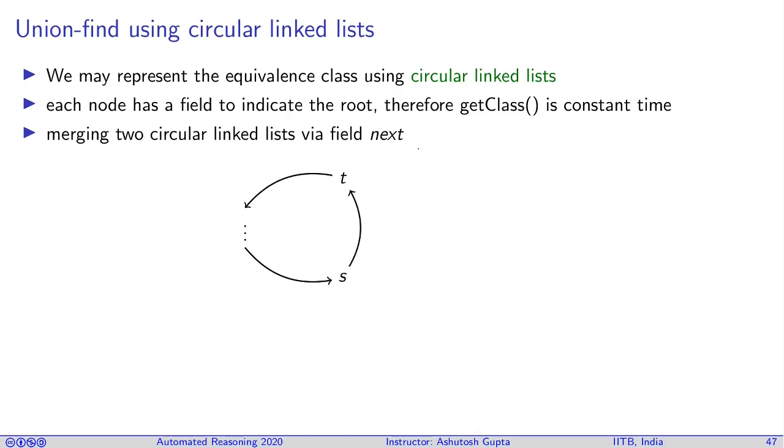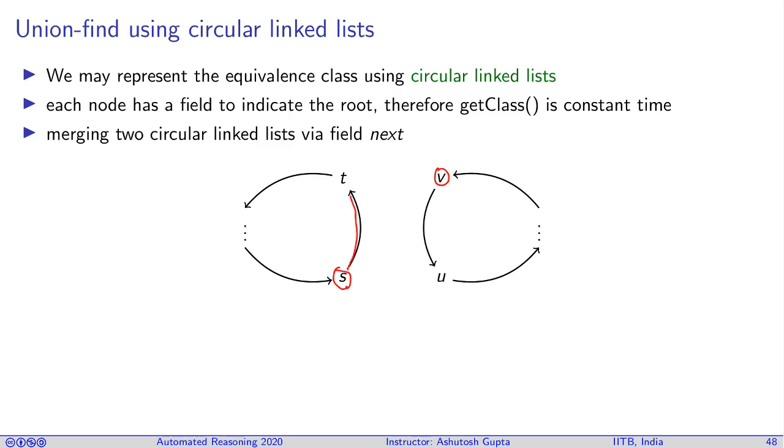For example, you have a circular linked list in which S.next is pointing to T. And now you have another circular linked list. This also represents an equivalence class. A node must be your root. So let's suppose in this case S is your root and V is your root, and you want to merge these classes. What do you do?